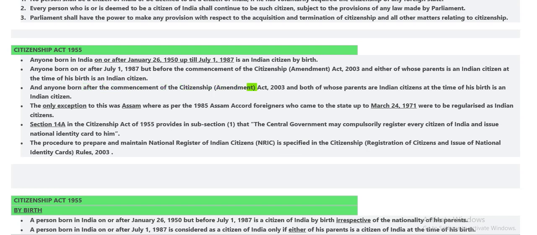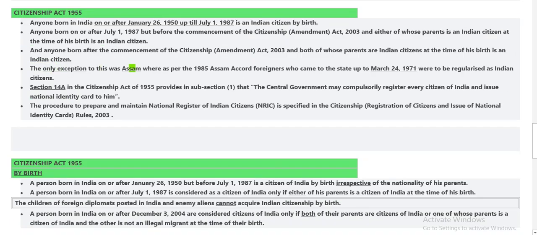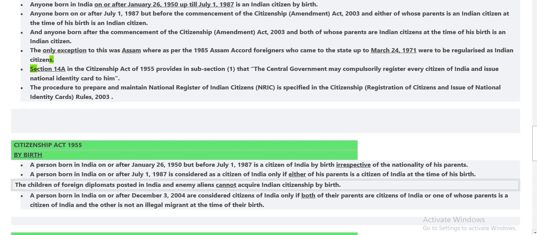And anyone born after the commencement of the Citizenship Amendment Act 2003 and both of whose parents are Indian citizens at the time of his birth is an Indian citizen. The only exception to this was Assam, where, as per the 1985 Assam Accord, foreigners who came to the state up to March 24, 1971 were to be regularized as Indian citizens.